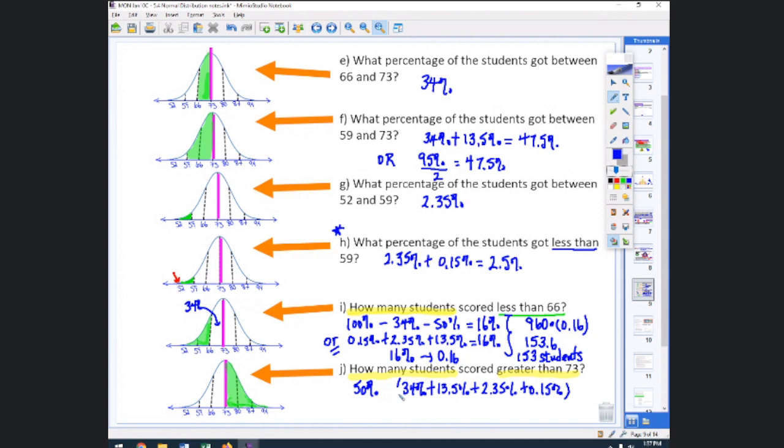If you add all those up, you're going to get 50%. By looking at it, this is 50% above, this is the other half below. So how many of the 960 students? 960 times 0.50, I think, is 480 students.